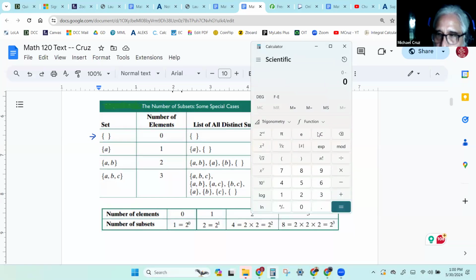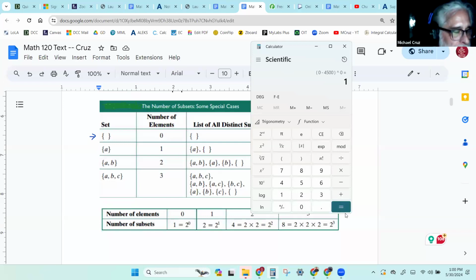If we have a negative, let me focus. I'm going to put a real big number in there, and I'm going to raise it to the 0 power.